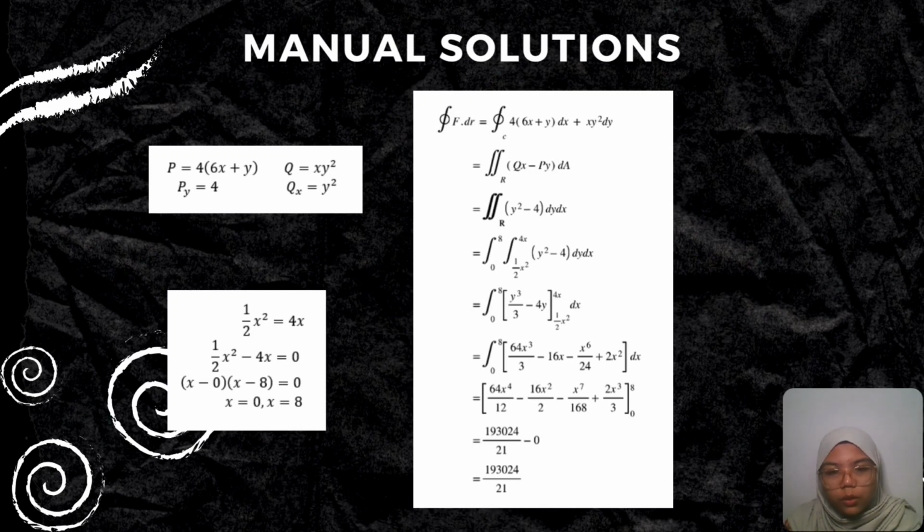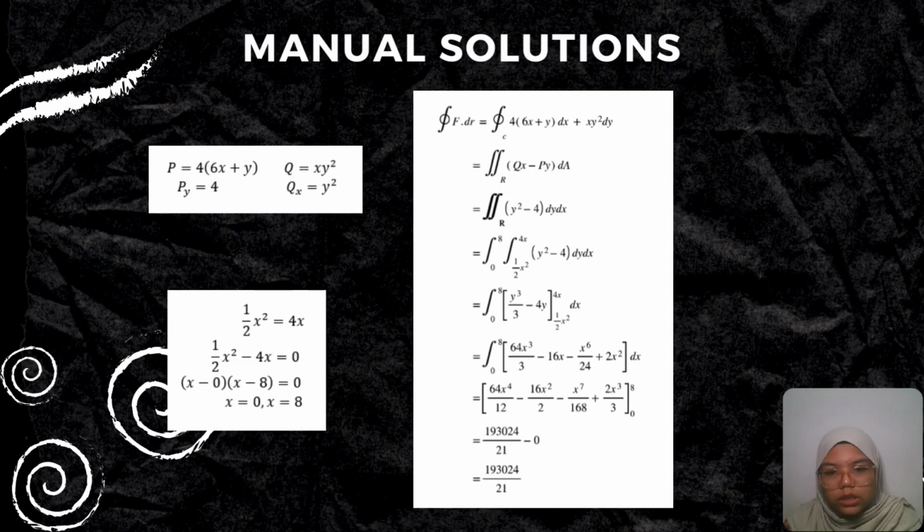For the limit of y, we just take the values from the equations, which are y equals 1 over 2 x squared and y equals 4x. For the x limit, we solve the simultaneous equations for the y functions, and then we get x equals 0 and x equals 8.